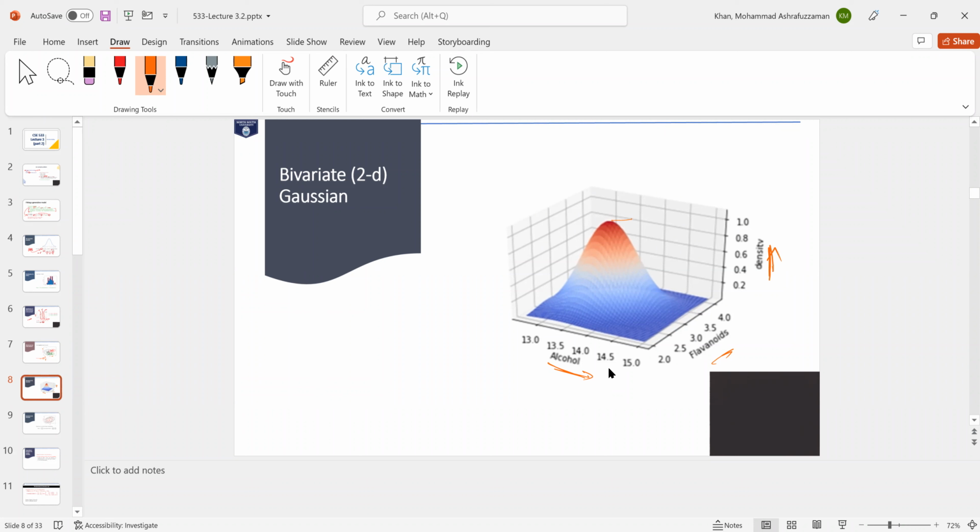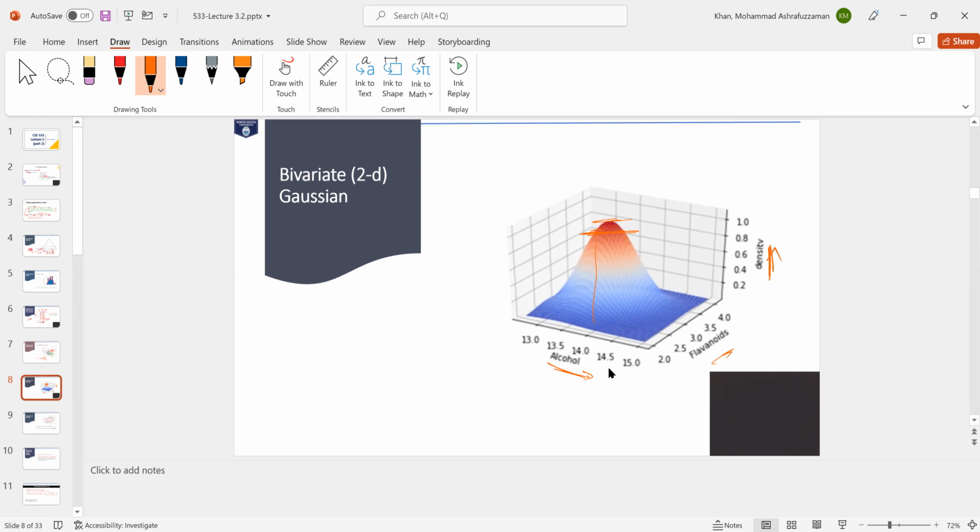That's why I normally use contour plot. So contour plot means we virtually cut through a plane parallel to the XY, or alcohol and flavonoid level, those 2 axes, or the plane formed by these 2 axes, and then we cut these density values with parallel lines, and the intersecting edge we draw.